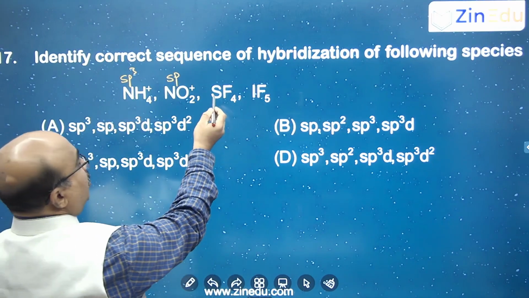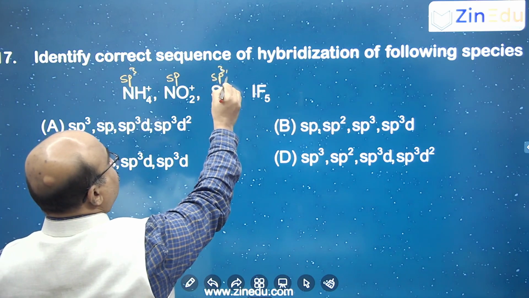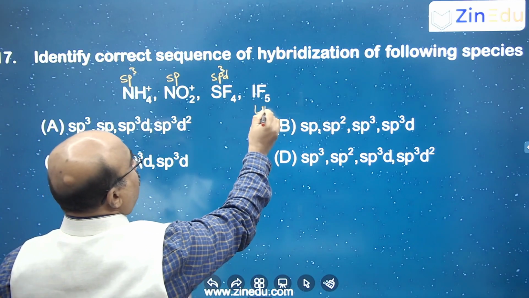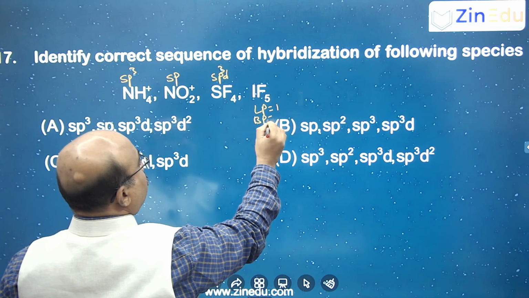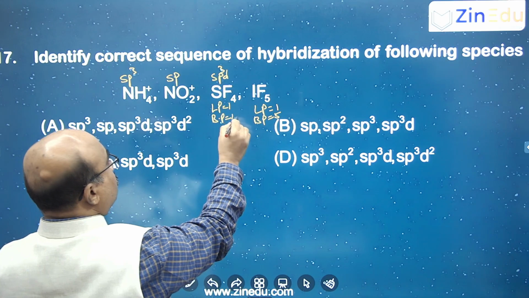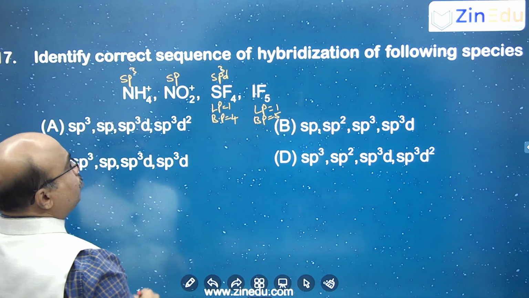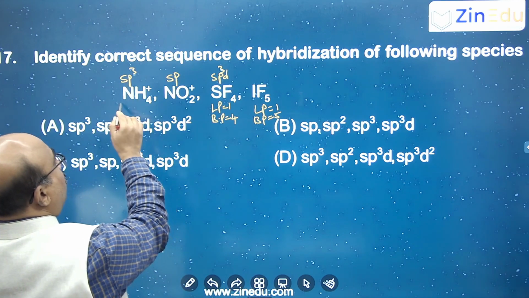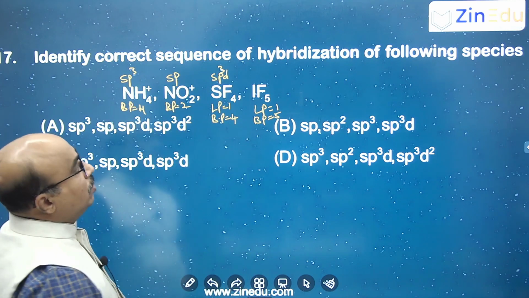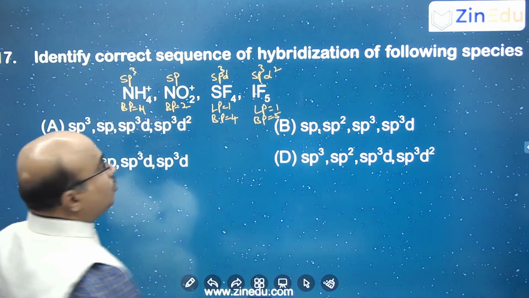SF4: sulfur has totally 6, with 4 bonds, so it is 2 plus 4, that is sp3d. Then IF5: 7, 5, so 1 lone pair and 5 bond pairs here, so total 6, and it is sp3d2 hybridized.